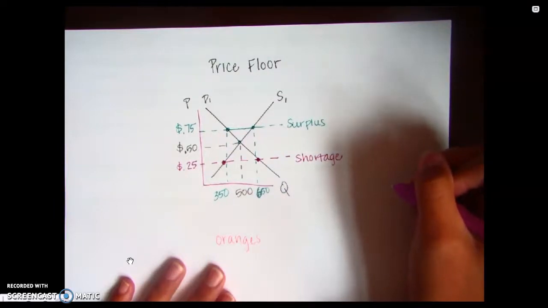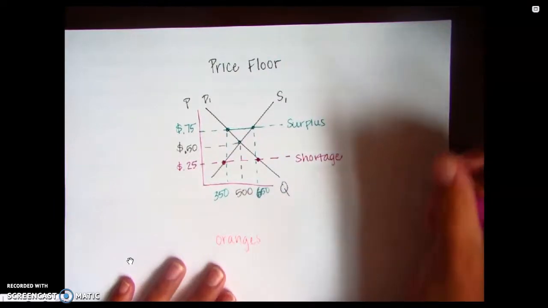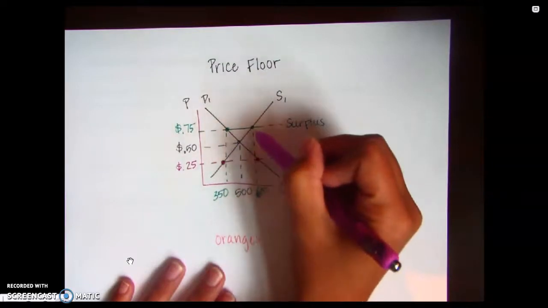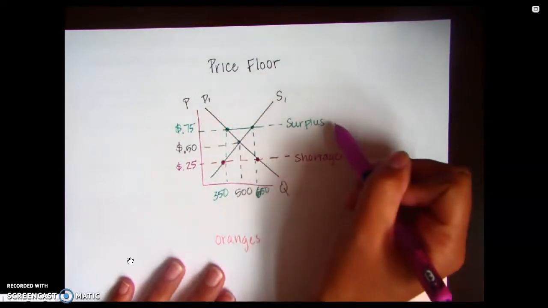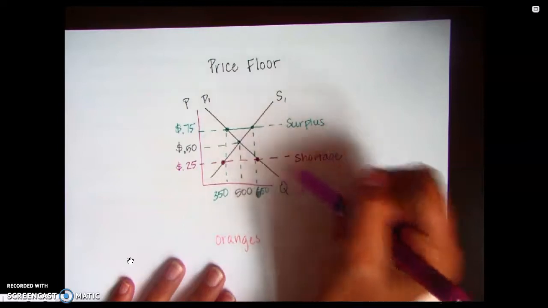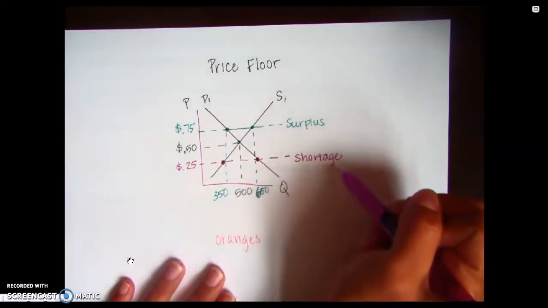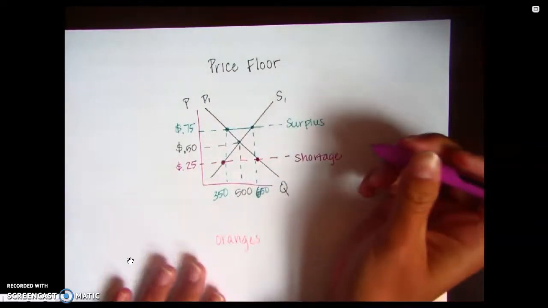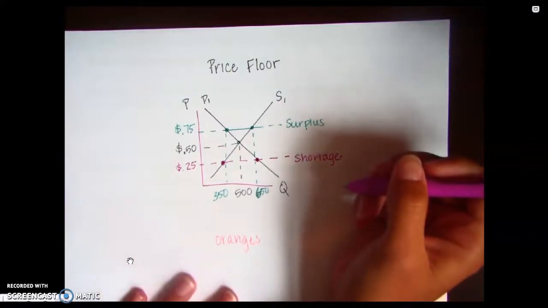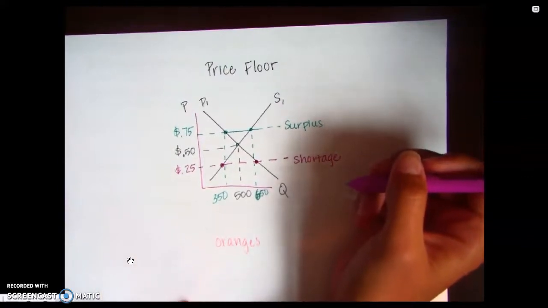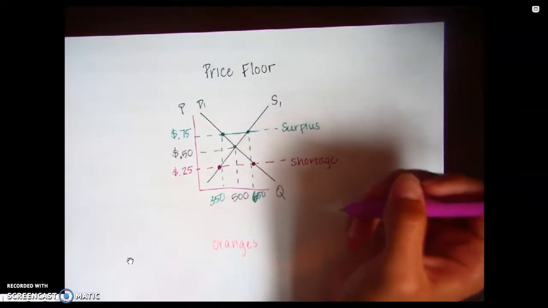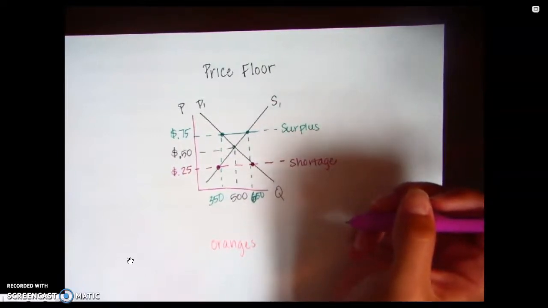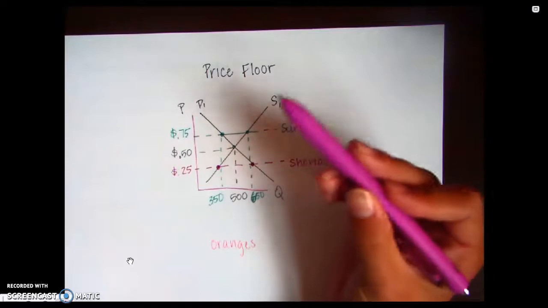Okay, so anytime that there is disequilibrium and you have one line above, that's a surplus. Or if you have a line below, that's going to be a shortage. Okay. Something else to keep in mind, remember we said we always want a ceiling to be above our heads if we're the producer, not below us. The opposite is true for the floor.